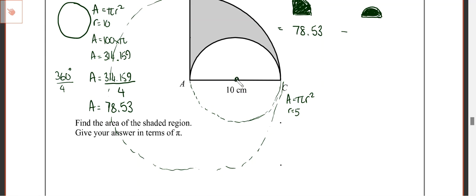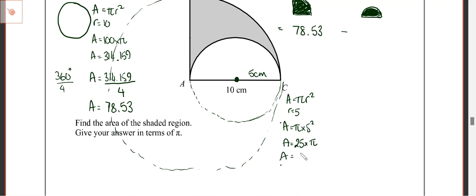Yeah, because remember this circle has a centre and 10 is the whole thing, so this one is actually 5 centimetres. So we're going to do pi times 5 squared, which is 25 times pi.